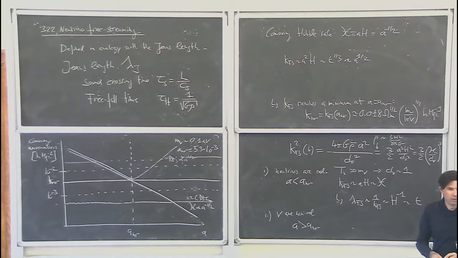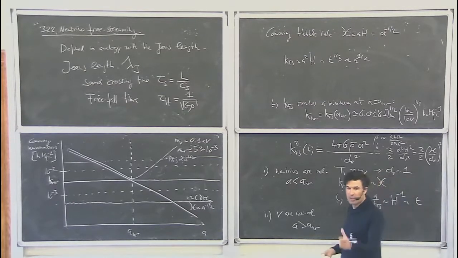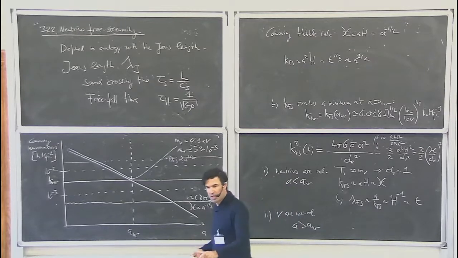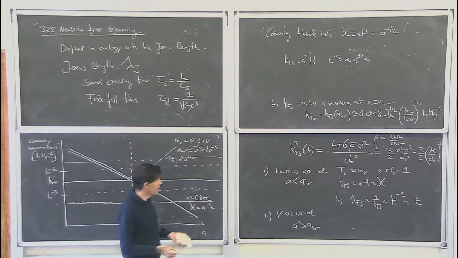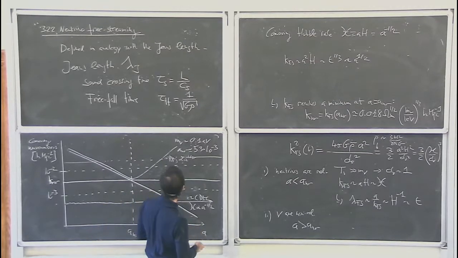So if a neutrino can free stream out of perturbations, basically they will reduce the gravitational pull that is felt by cold dark matter, for instance. So the free streaming of neutrinos, as a consequence, will reduce the growth of cold dark matter perturbations on length scales less than the free streaming length. Okay, so let's look at this now briefly.